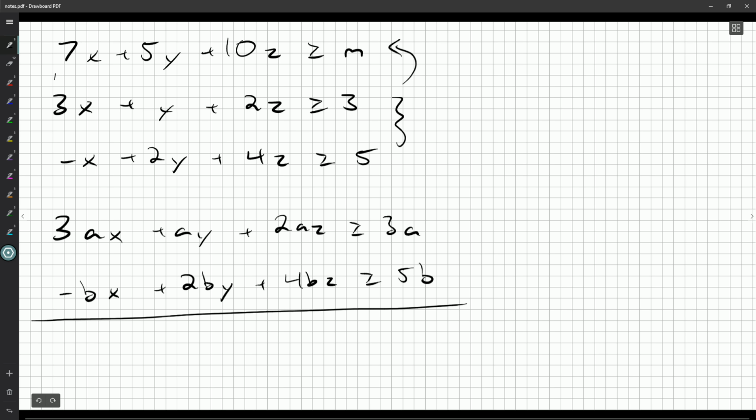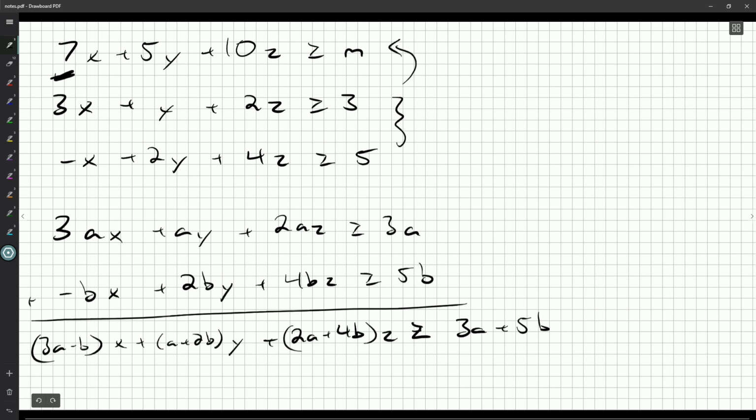If I add them, I want 3a minus b to equal 7, a plus 2b to equal 5, and 2a plus 4b to equal 10, giving greater than or equal to 3a plus 5b. If this is 5, look what happens when you double it: you get 2a plus 4b, and doubling 5 is 10, which is great.